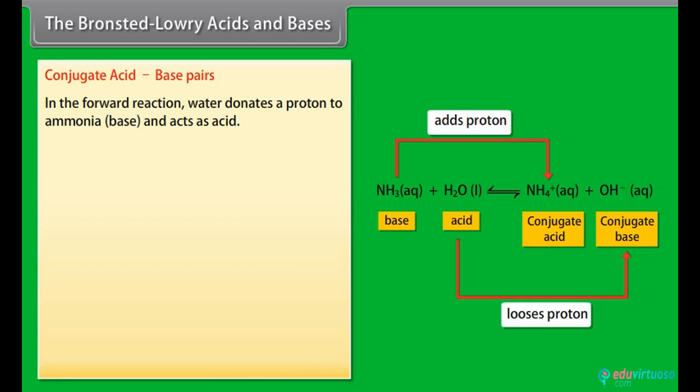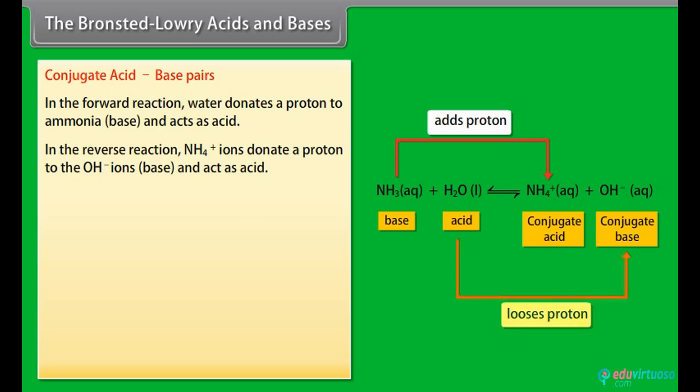Conjugate acid-base pairs. In the forward reaction, water donates a proton to ammonia, base, and acts as acid. In the reverse reaction, NH4+ ions donate a proton to the OH- ions, base, and act as acid.